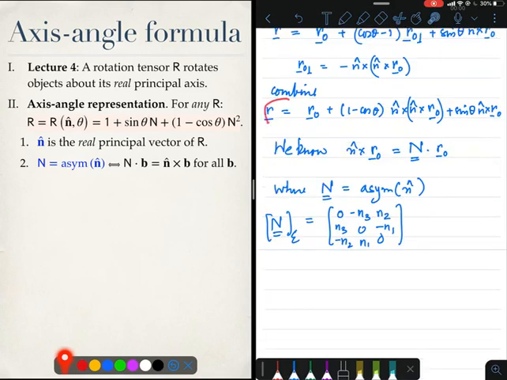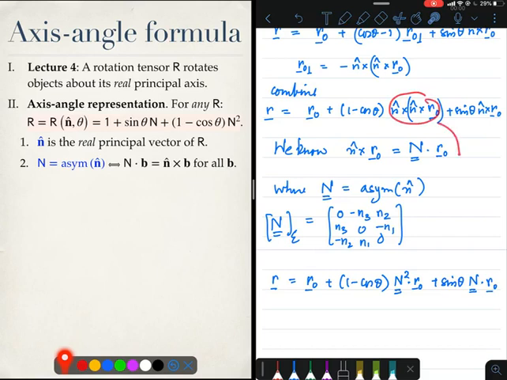Okay, now I can use this fact, and I can write down that r is r0 plus 1 minus cosine theta n square dot r0 plus sine theta n dot r0.